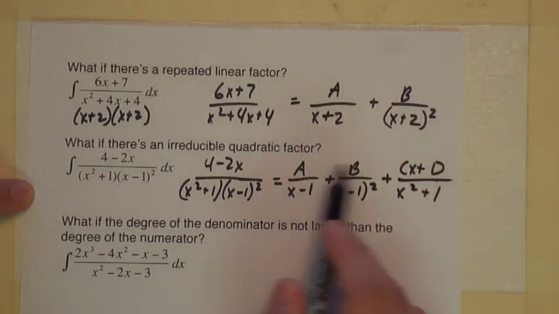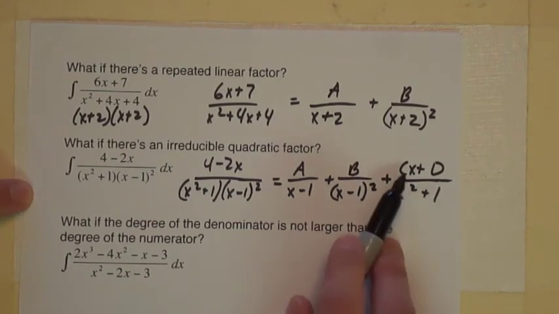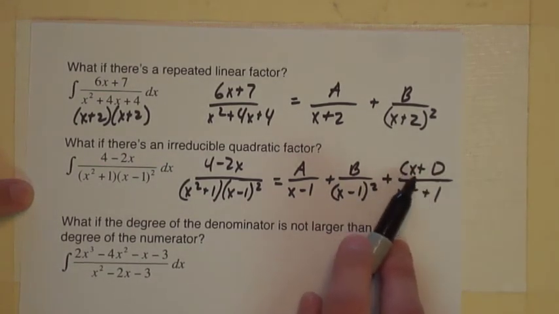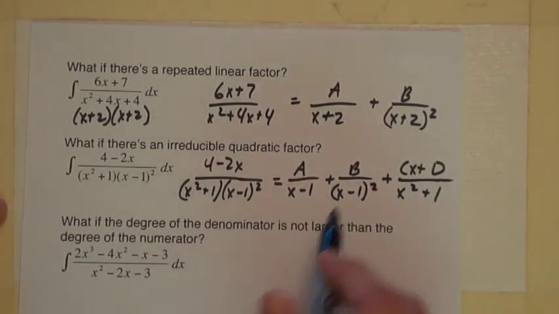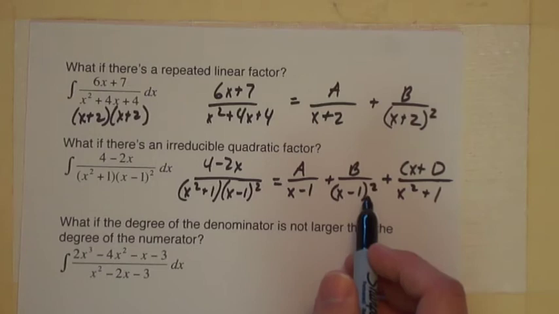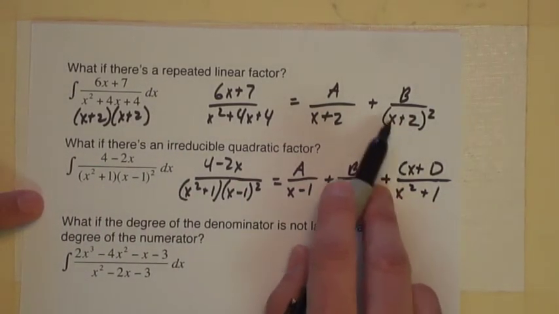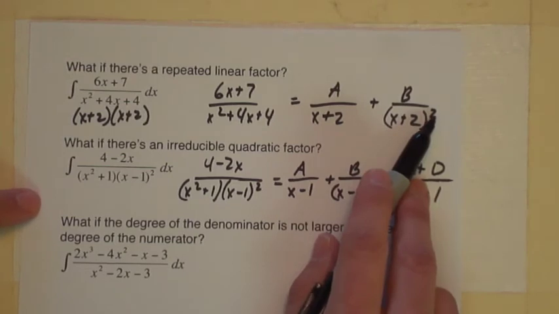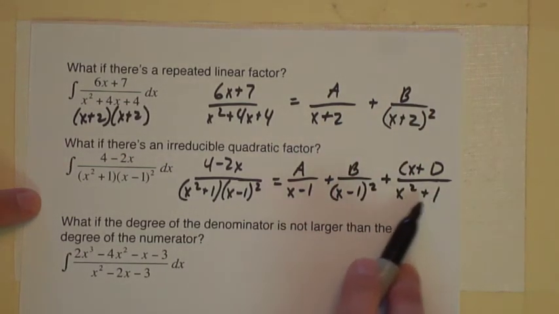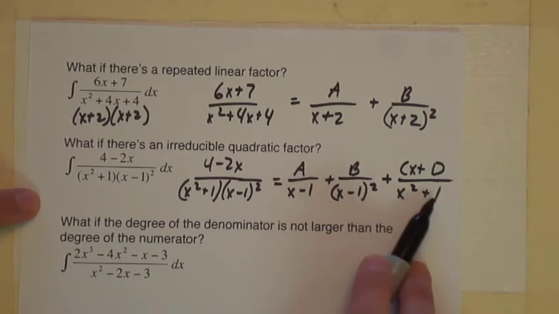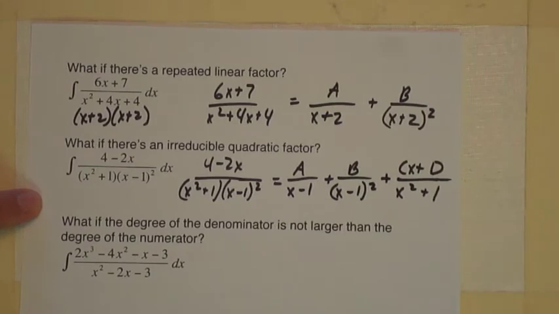So a, b, c, and d are numbers, but above the irreducible quadratic, you have to put the linear expression cx plus d, and then proceed as we did before. Notice that in the case of a quadratic like x plus 2 squared in the denominator, you don't do that. You can just put a number. But if it's irreducible, unfactorable, like x squared plus 1, you have to put cx plus d on the top.